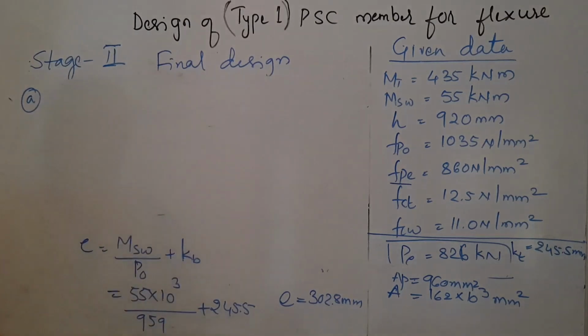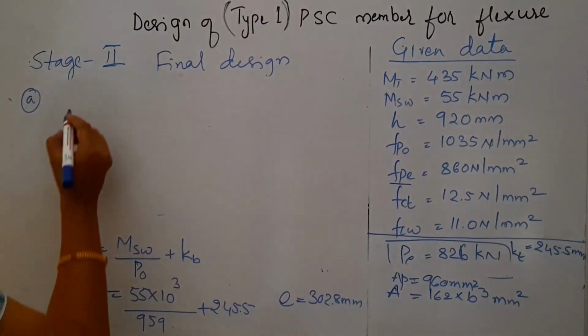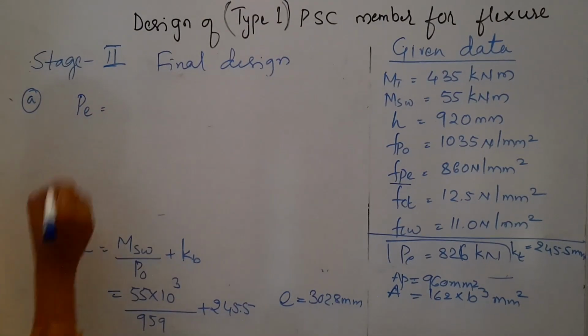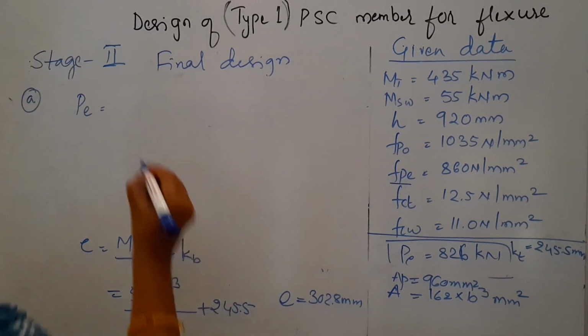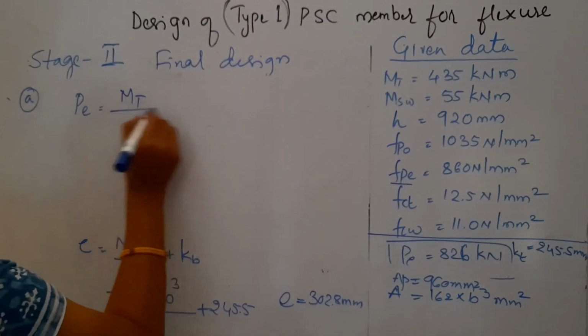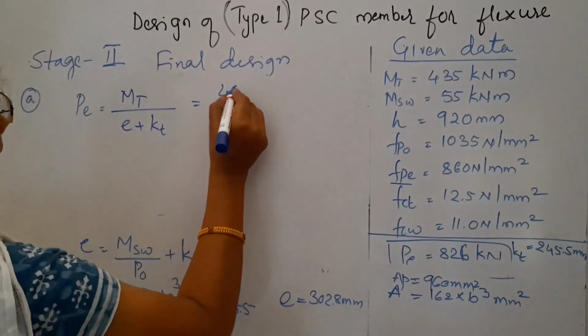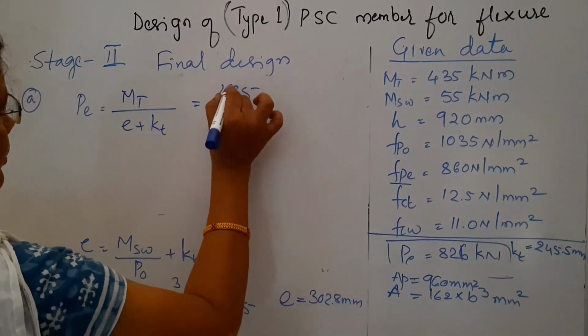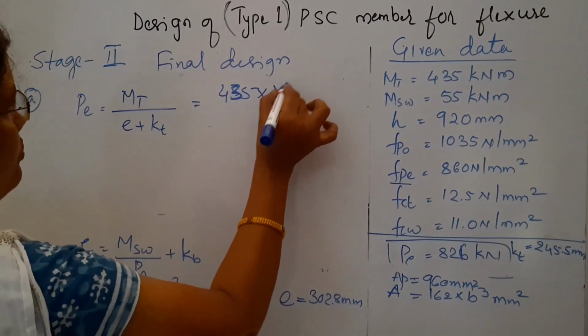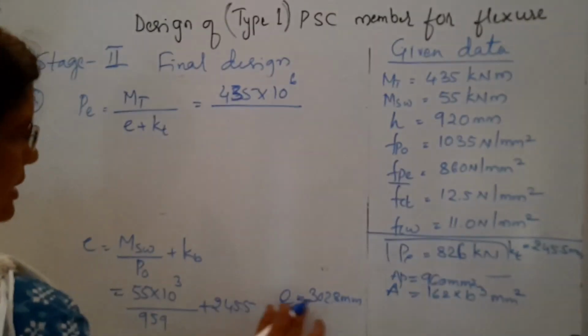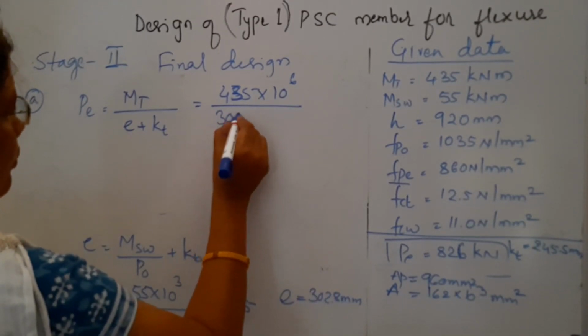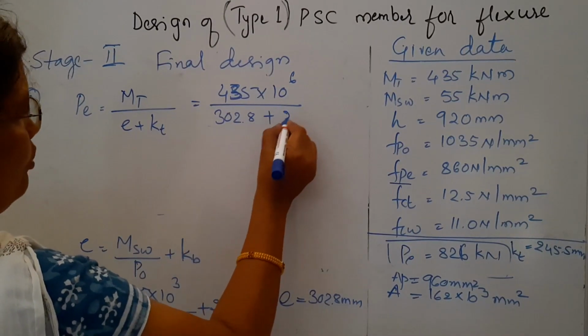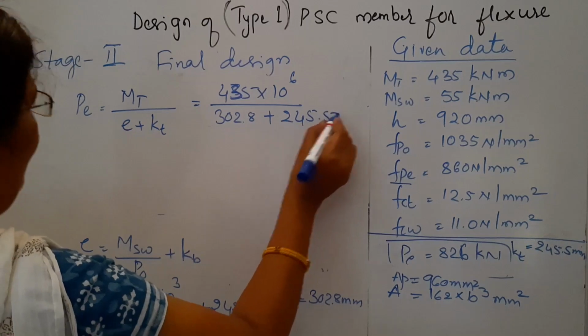Effective pre-stressing force. We are only repeating the steps here. PE is equal to total moment divided by E plus K. 435 into 10 raised to 6 divided by E, which is 302.8 plus 245.5.